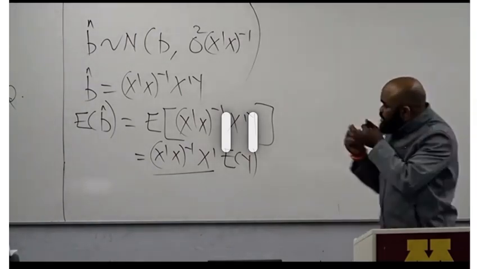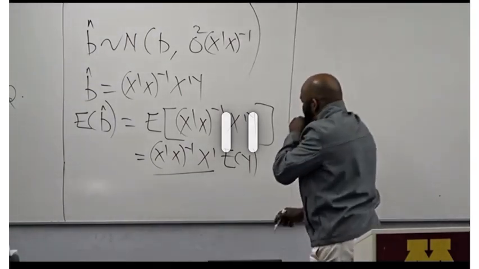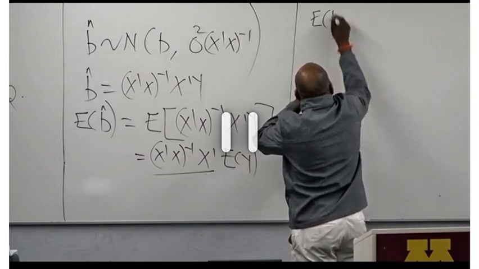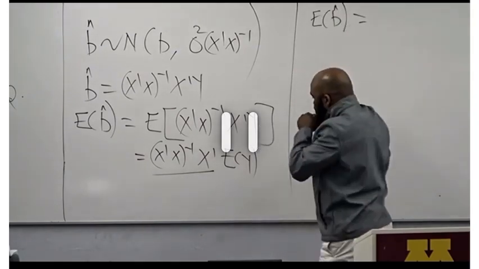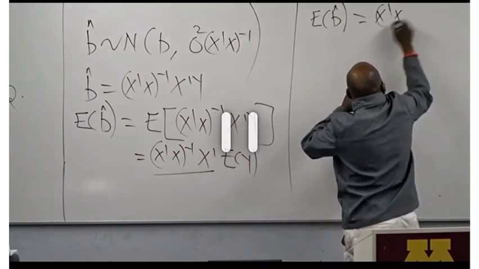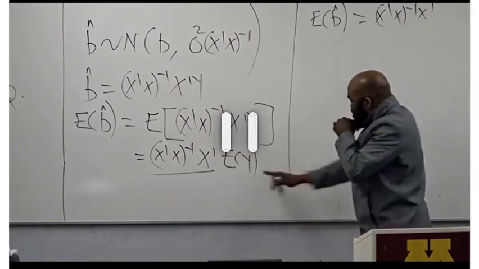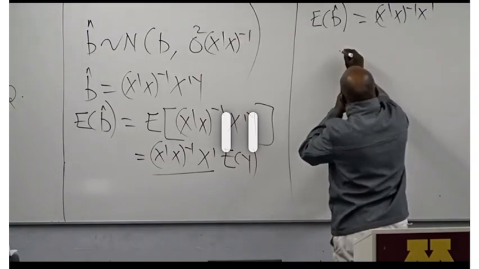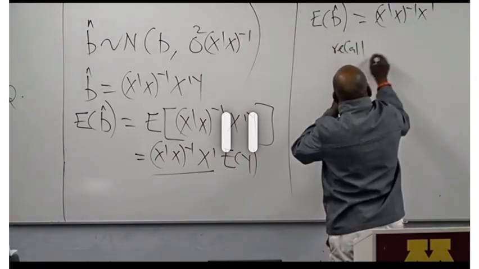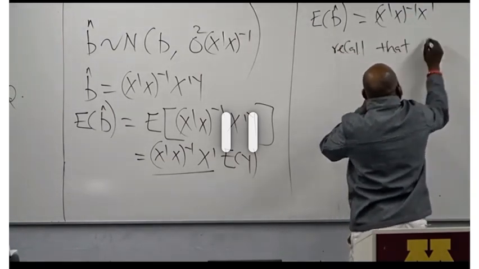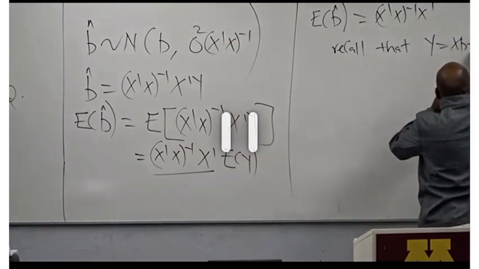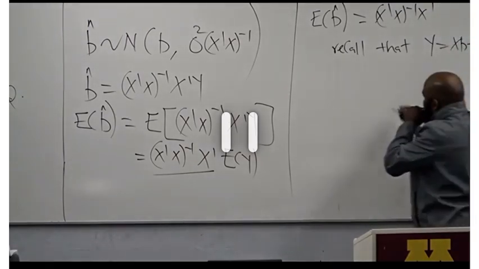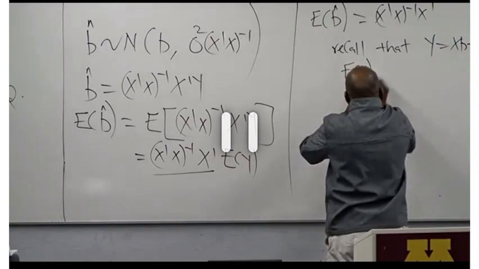Now, if you take a look at what I have right now, the expected value of B cap equals this. What is the expected value of y? Recall that if y is xb plus the error, what is the expected value of y?